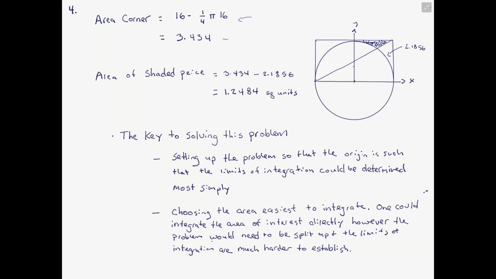And then we've got the area of the corner. And now the area of the corner minus the area we just calculated using calculus leaves us with the area of the shaded spot, this part right there.